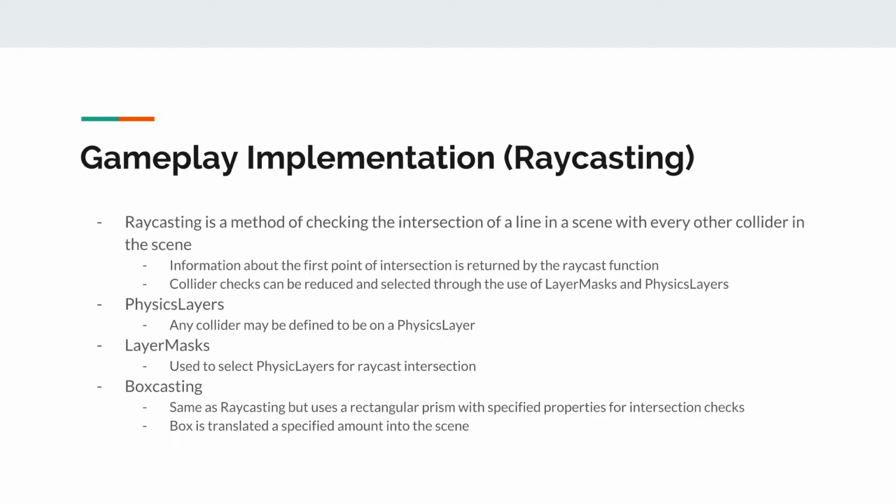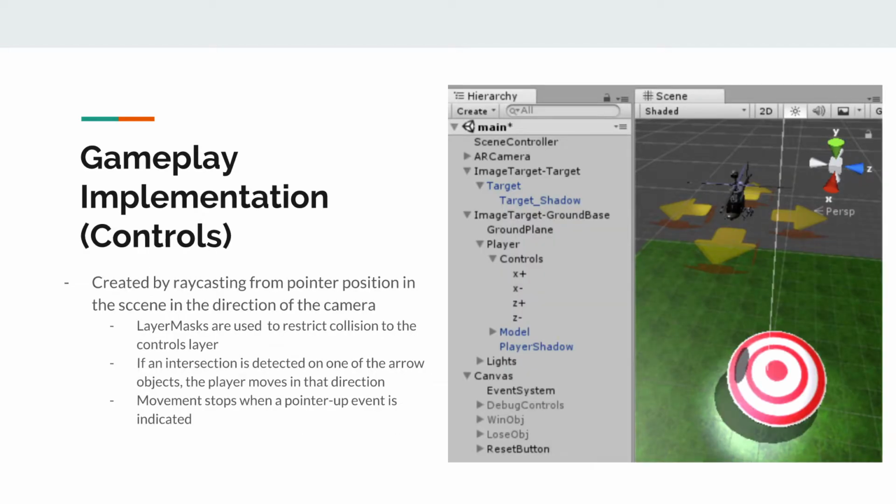Those properties could include the length and the width of the box, and the distance the box will be cast to. Using box casting, you can translate this invisible box in the scene and detect the first collider that is intersected with.